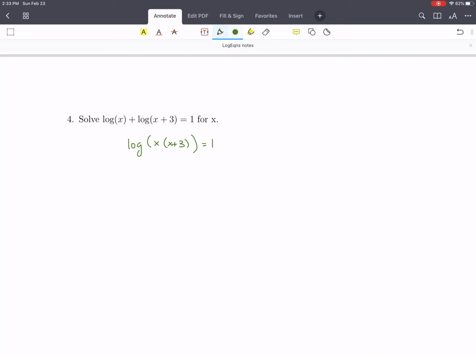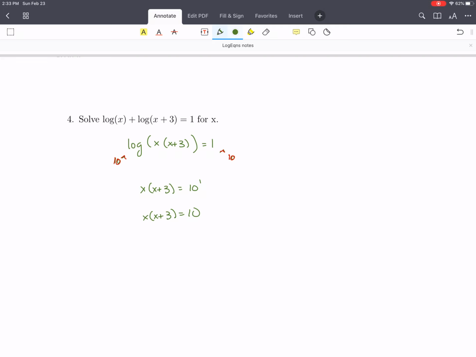So common log is log base 10. So I would raise both sides to the power of 10, or 10 to the power of both sides, and I would get x times x plus 3 is equal to 10 to the 1. That means x times x plus 3 is equal to 10. And this is a quadratic.